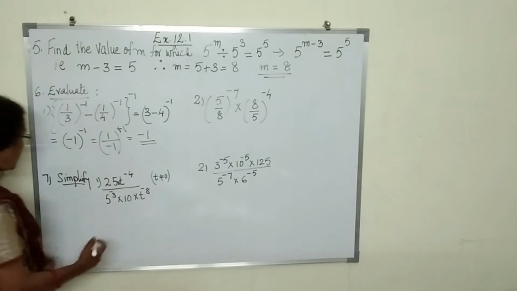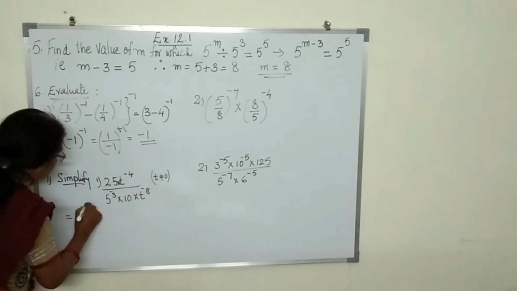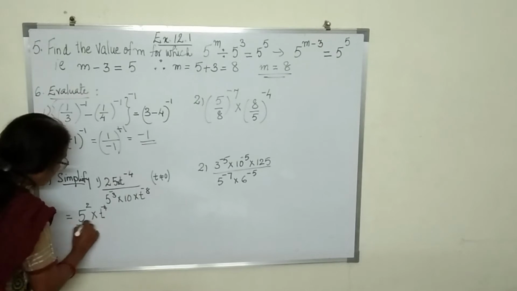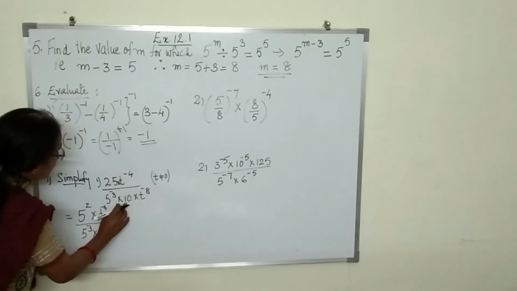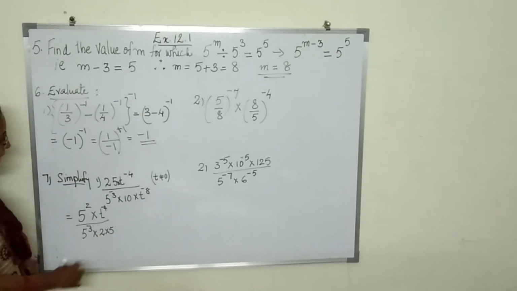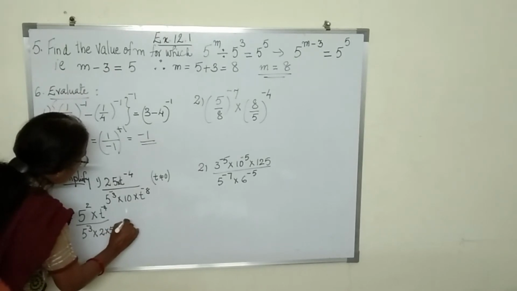We know that 25 is 5 square, into t raised to minus 4 upon 5 raised to minus 3 into, here 10 is 2 into 5, and into t raised to minus 8.